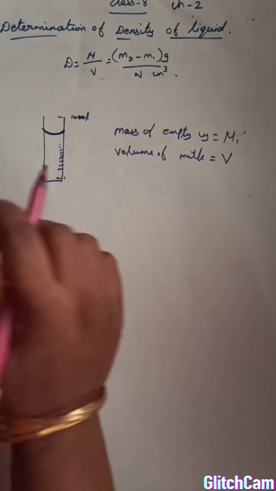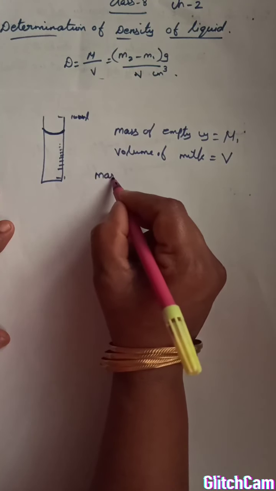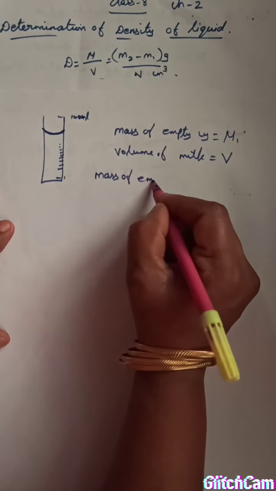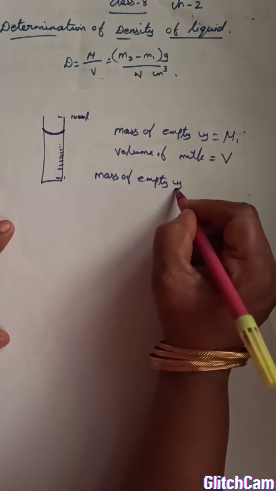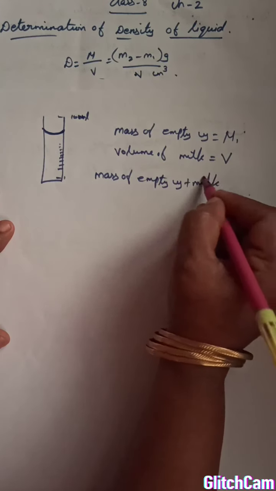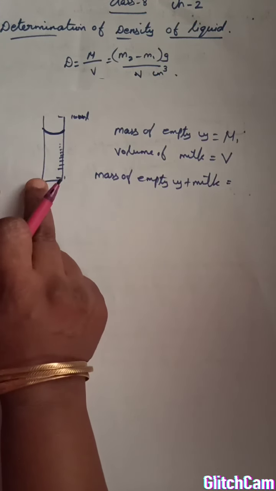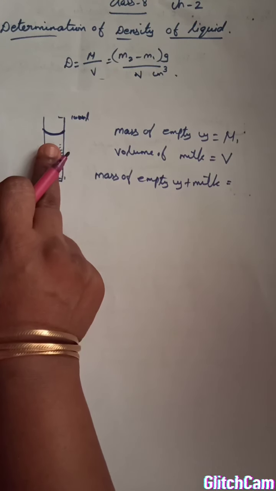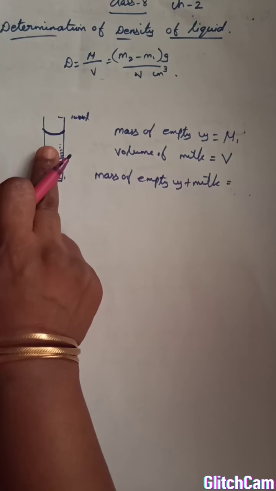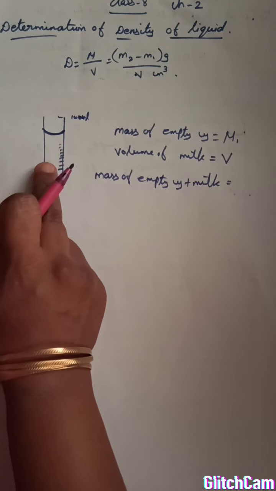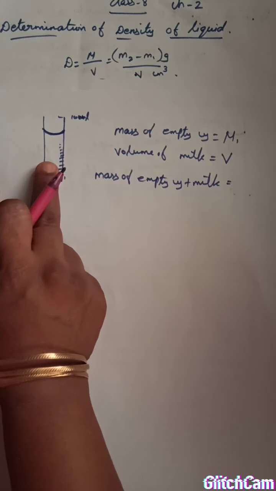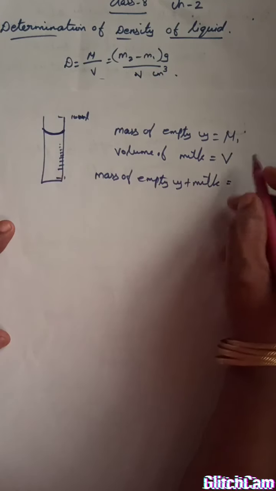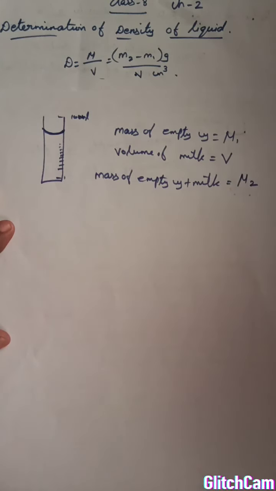Now measure the mass of the empty cylinder plus milk with the help of the beam balance. That is denoted with the letter M2.